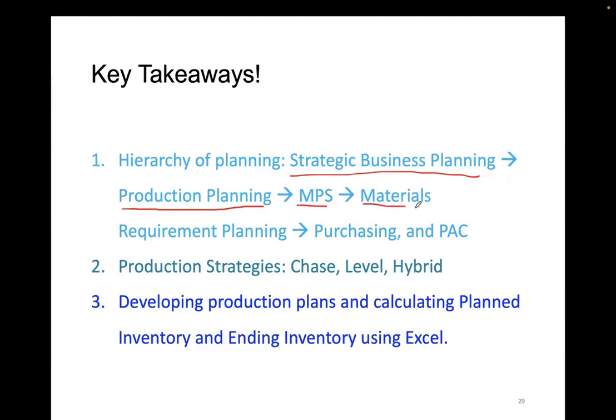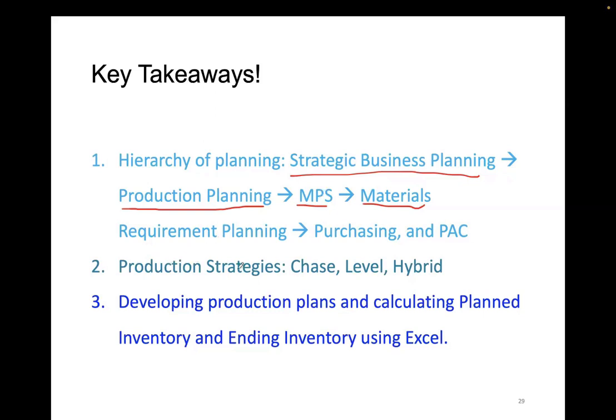And then material requirement planning, also called MRP, that's more detailed planning of all the components needed to make that particular product. And then purchasing, that's procuring raw material, and PAC, production activity control, that's how these raw materials and all other resources will be engaged to produce that particular product.